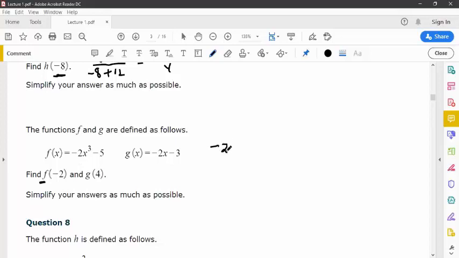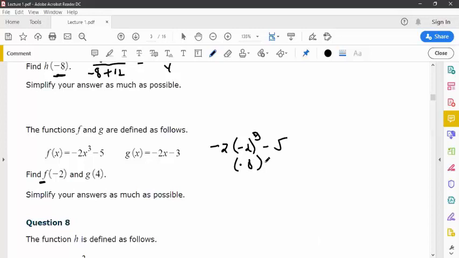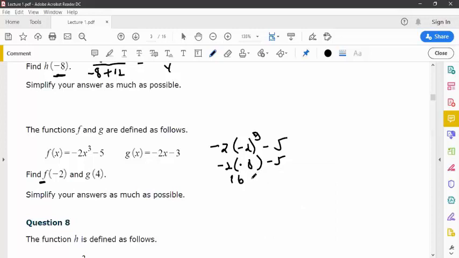So we'd have negative 2, instead of x, we're going to put in that negative 2 to the third power minus 5. So negative 2 to the third power is negative 8. And we still have this negative 2 up front. And negative 2 times negative 8 is positive 16. So we have 16 minus 5, which is 11. So f of negative 2 equals 11.